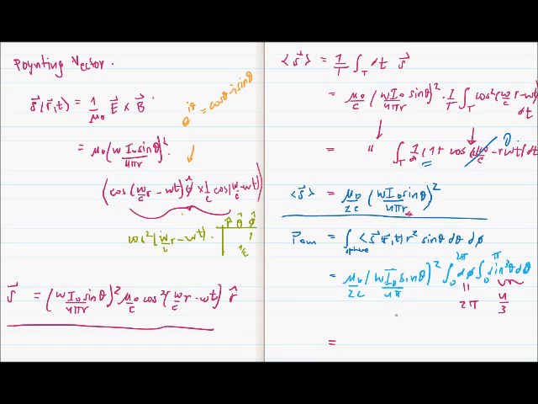So, simplifying, we get this. We computed the average Poynting vector, which gave us this.